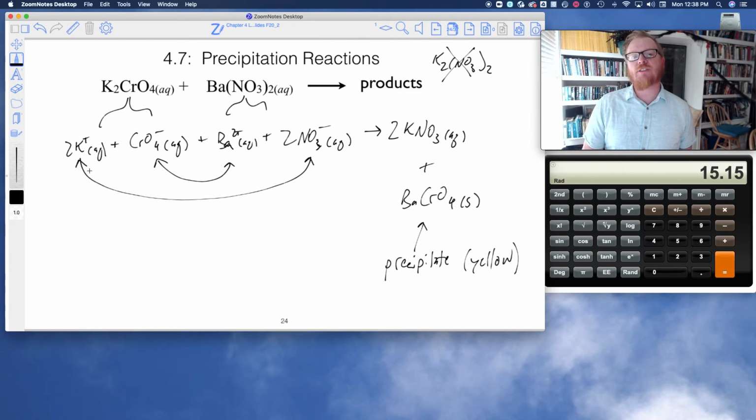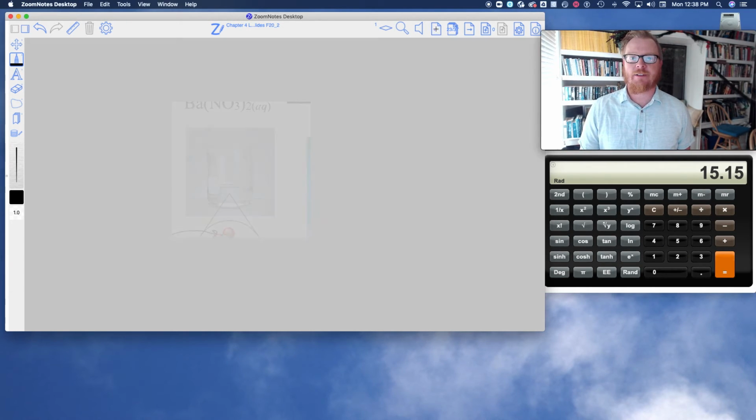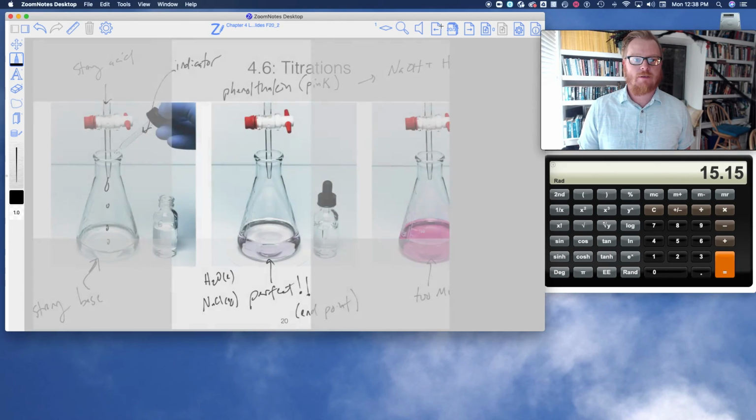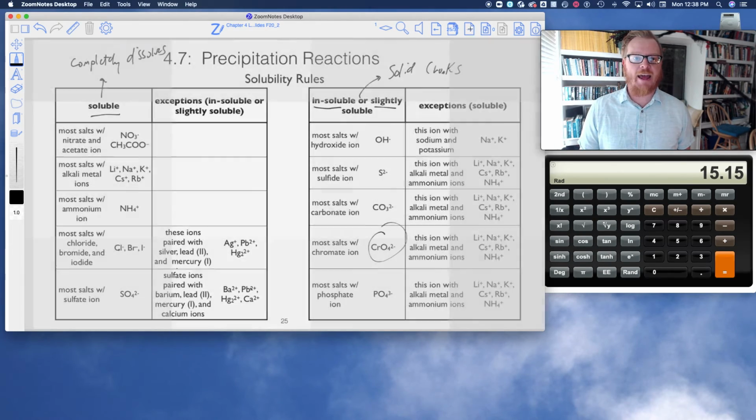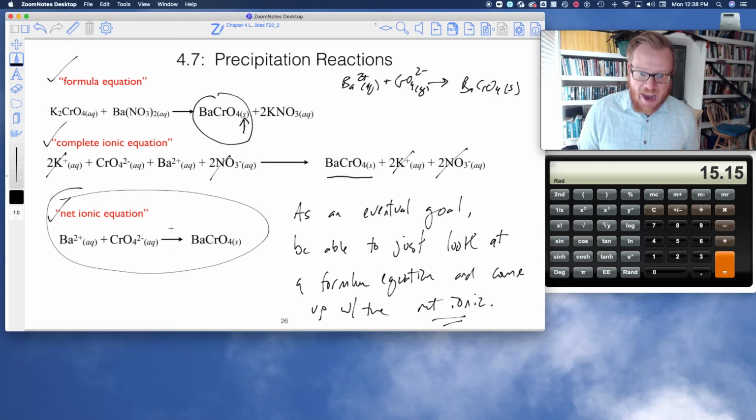So if you're still not so comfortable with this, this is a great place where you need to be practicing to get good at these precipitation reactions and the net ionic equations. Yes, and being able to, as this eventual goal, get the net ionic equation.